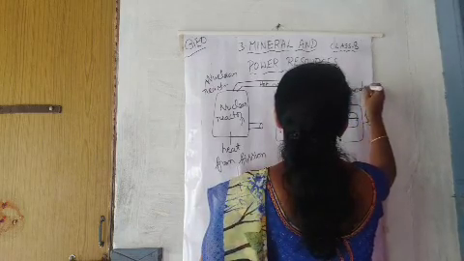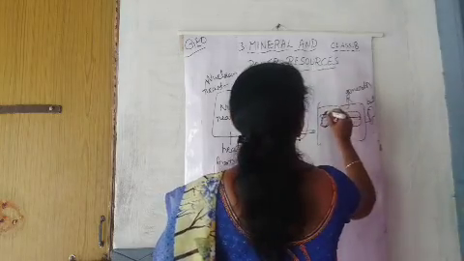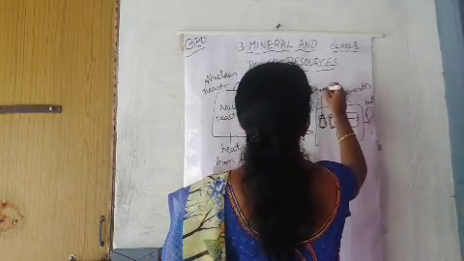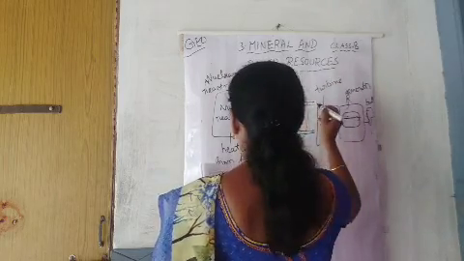This is the generator and this is the bulb. Here these are turbines. Heat, steam.